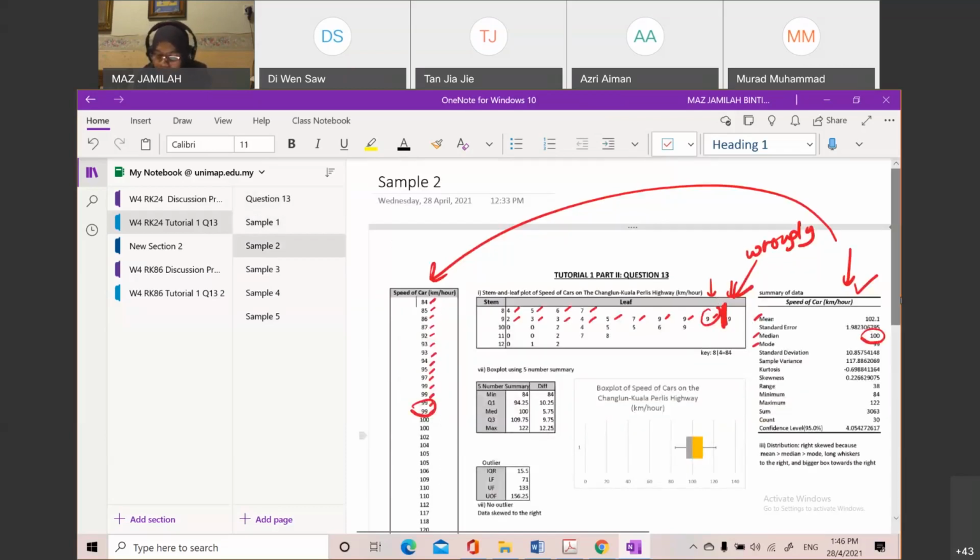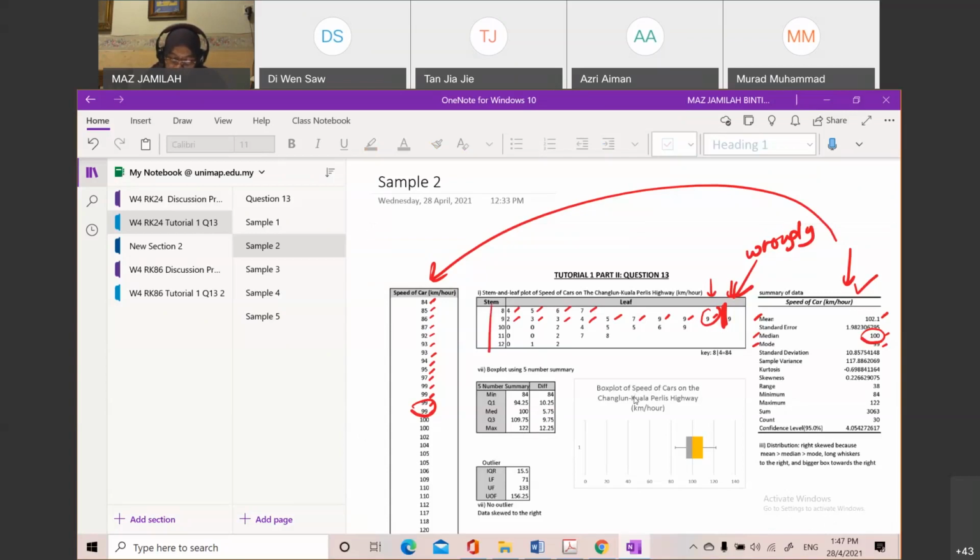Okay, so we know that the mean is 102, the median is 100, and the mode is 99. The reason for using the plot is that when you have your stem and leaf plot, you know where your 50th position is, and that position would be your median.